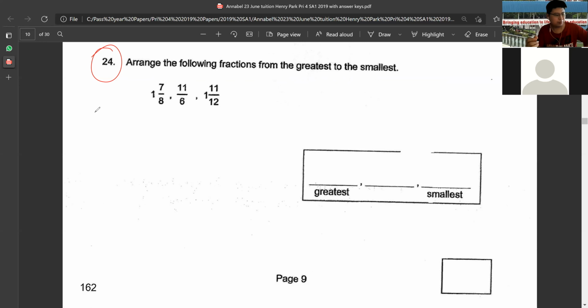What must I do? This one, you change it to 1 and 7 over 8, you change to improper fraction.